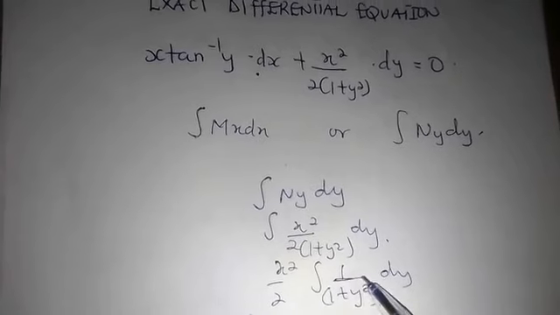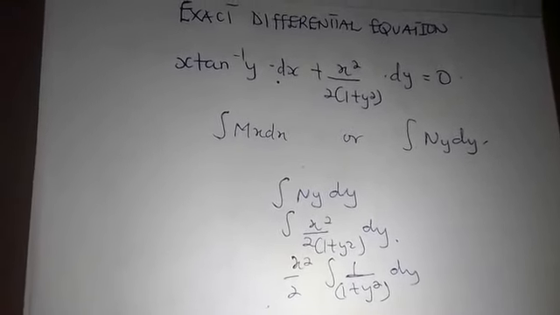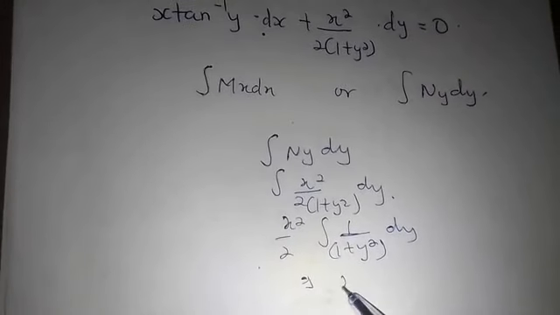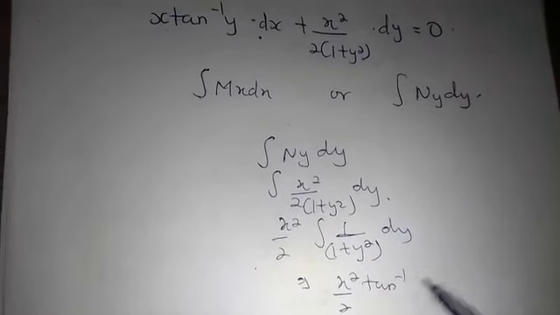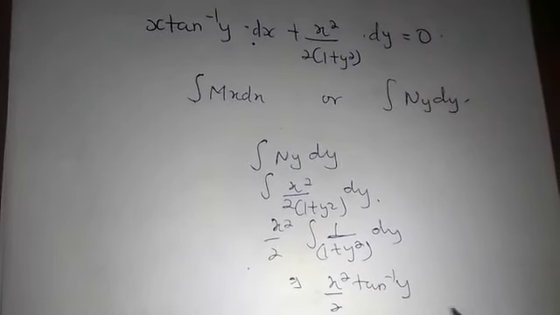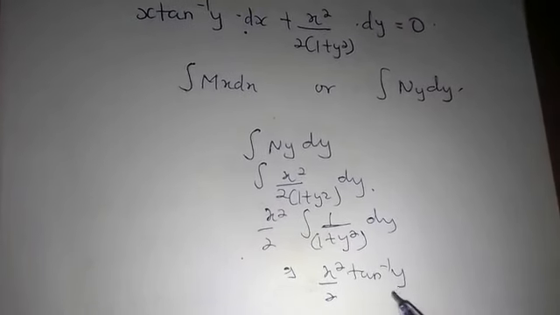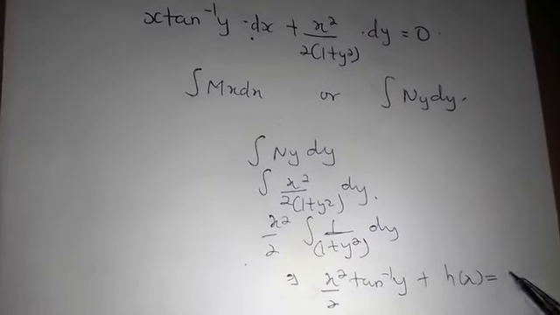Having this, you know that the integral of 1 over 1 plus y squared is tan inverse of y. So this becomes x squared on 2 tan inverse of y. By inverse trig ratio, you have to know this offhand. So using this, plus h of x is equal to c.